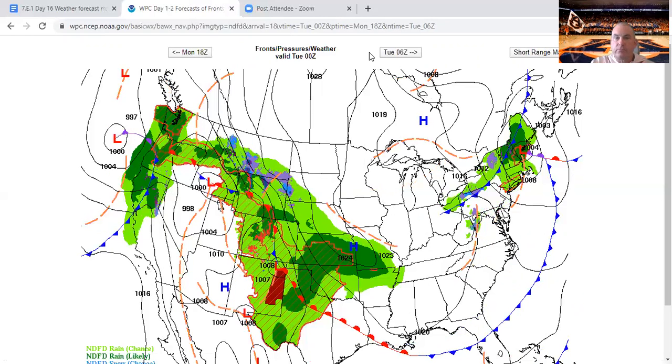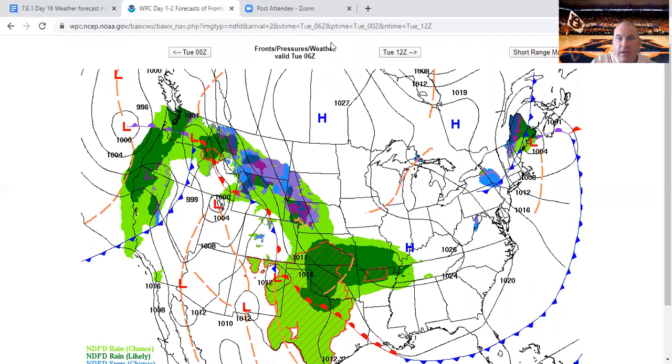So now we're looking at first thing, basically right after midnight, Zulu. So basically 5 p.m. on Tuesday. Fronts progressed.